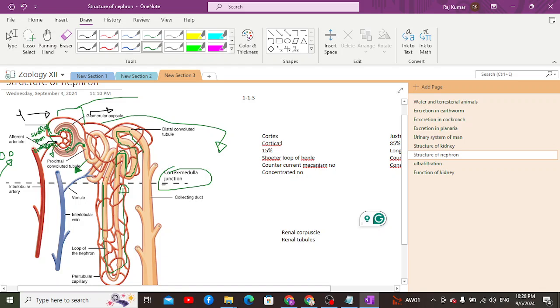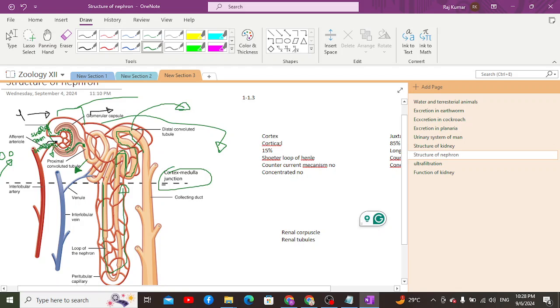The distal convoluted tubule is responsible for the further reabsorption of important materials into the blood, and reabsorption of urea also takes place there, because there is an entire mechanism behind it which we are going to discuss in the next video.